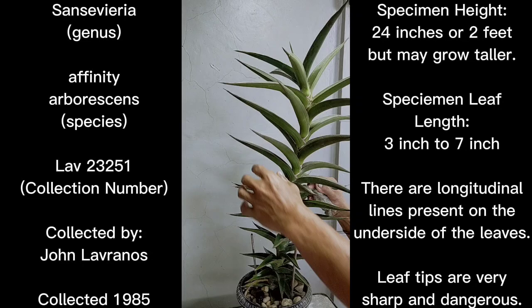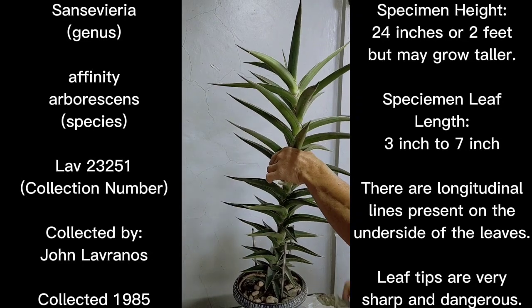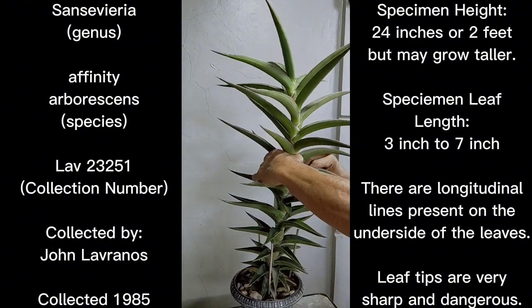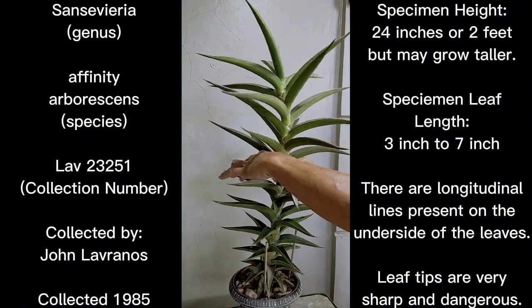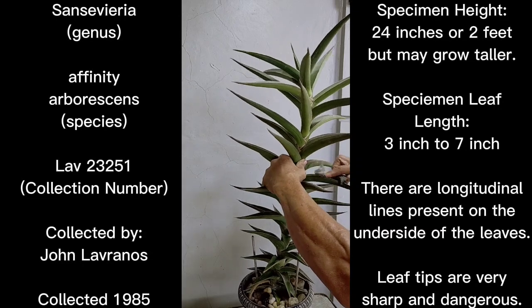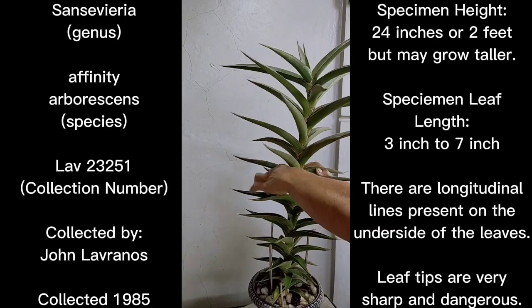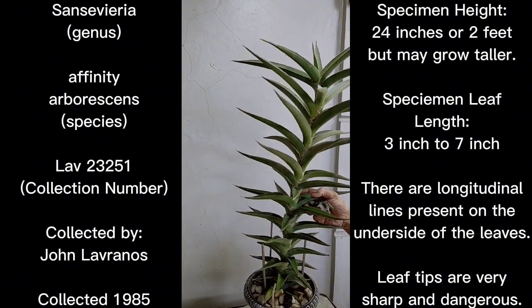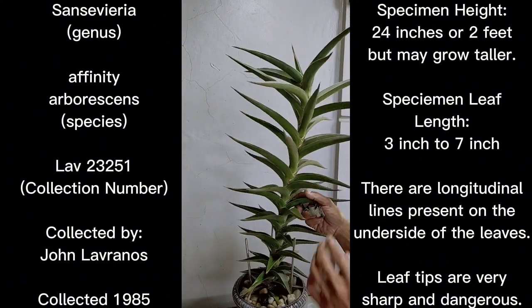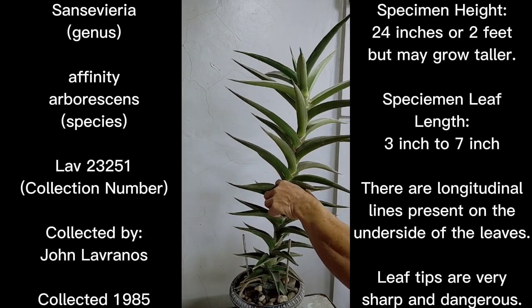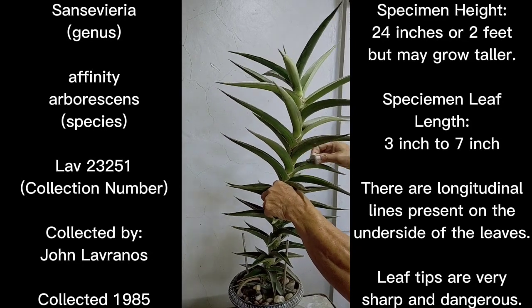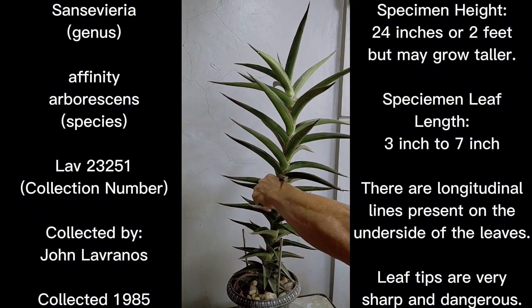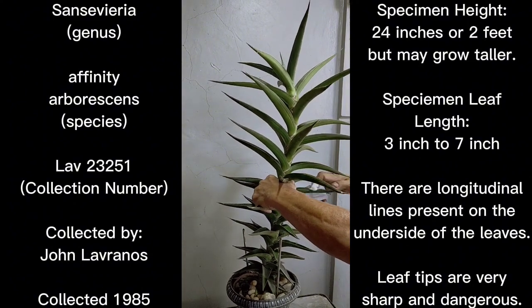Andres is cleaning the dust off the specimen, and it's kind of challenging because it has a lot of leaves, and the leaf tips of Lavranos or Lav 23251 affinity arborescens are very hard and dangerous. When I checked while making this video, the spikes are actually as hard as wood, and will be able to penetrate your skin and do some damage to you.